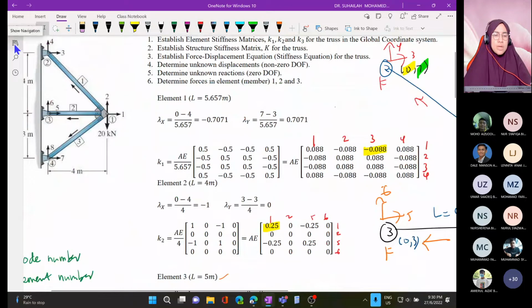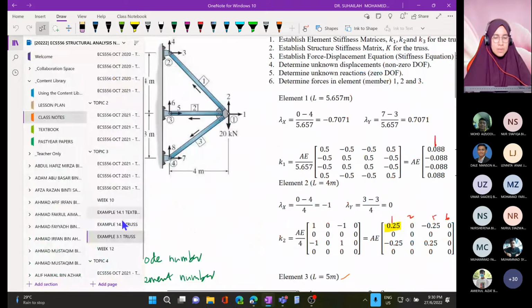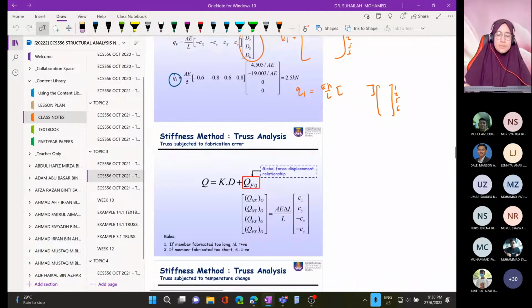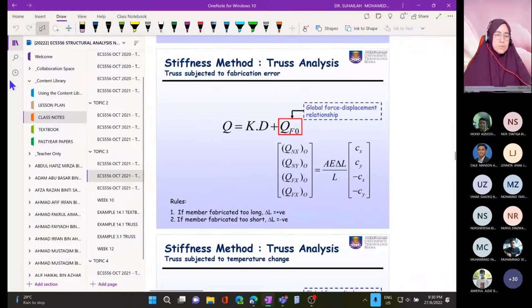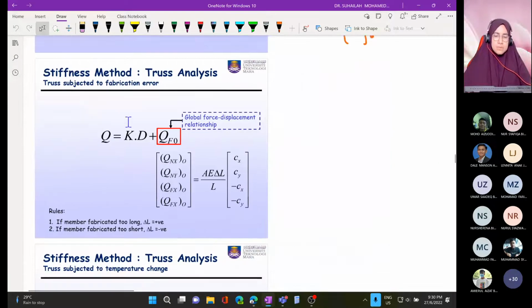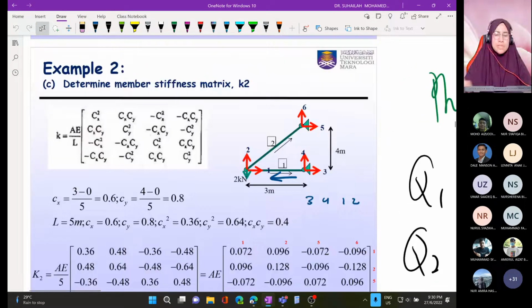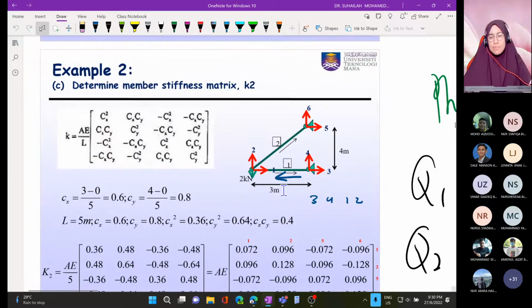Okay, so that is truss analysis, and of course in truss, if you refer to the notes, basically it is the same process.